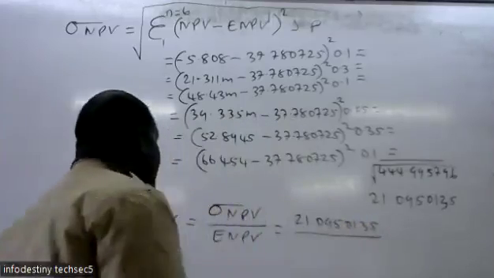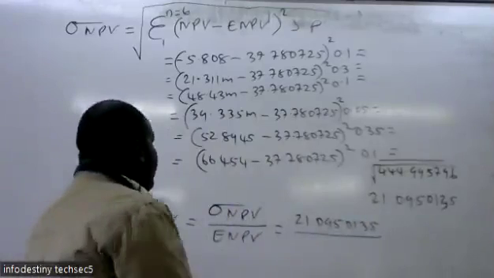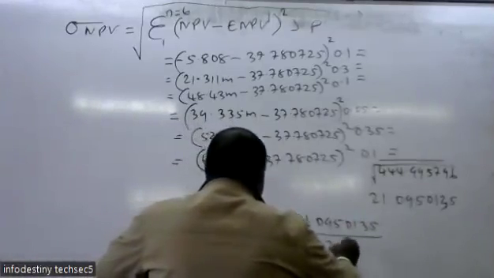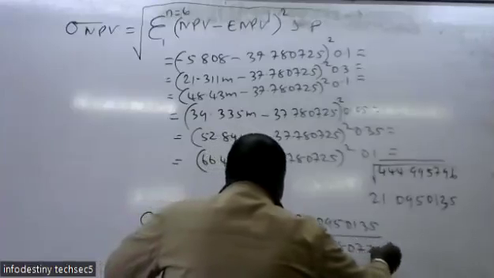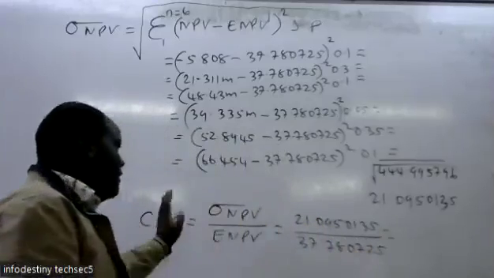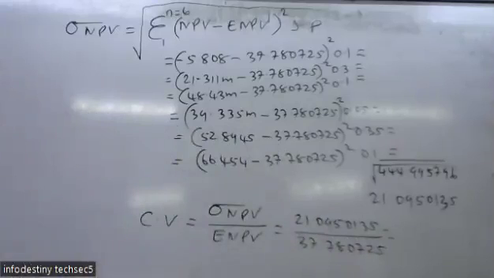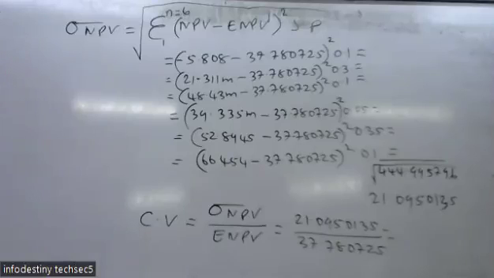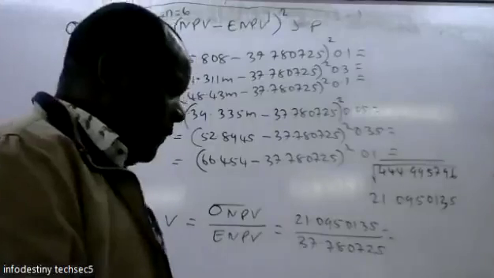We divide by expected NPV, which was 37.780725.